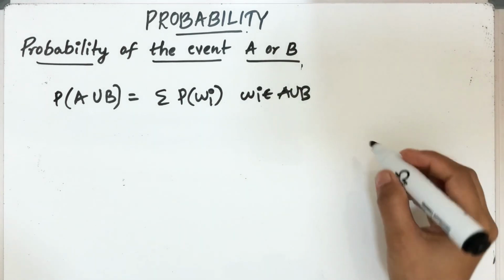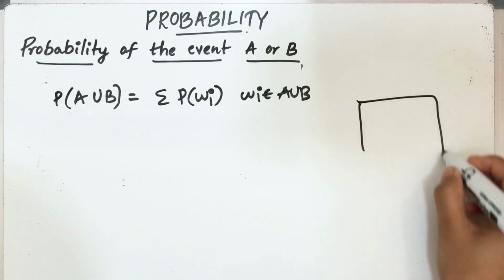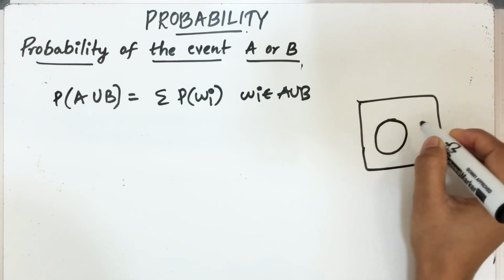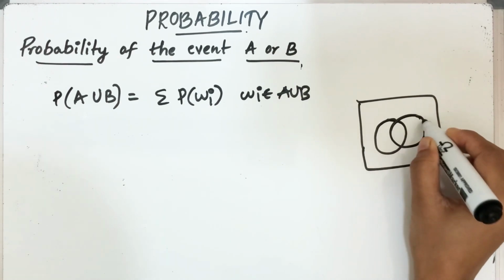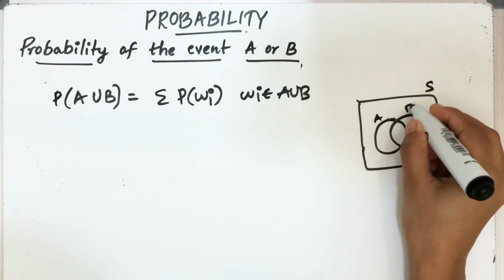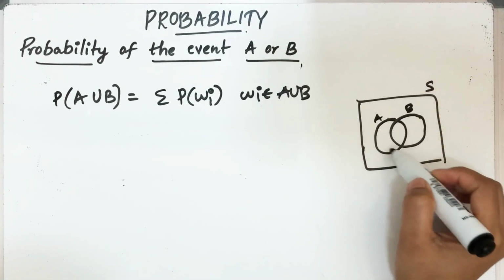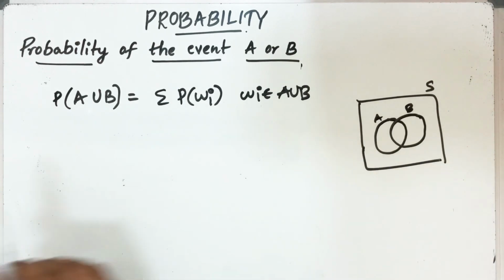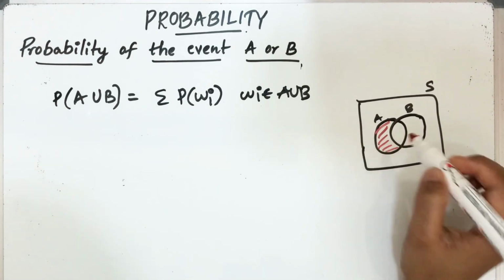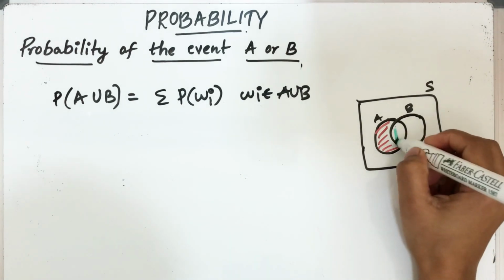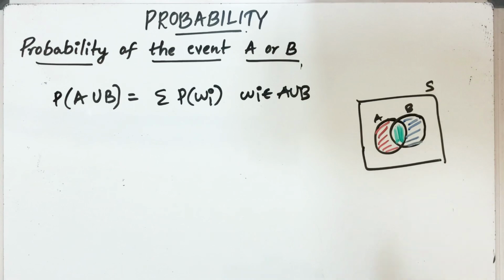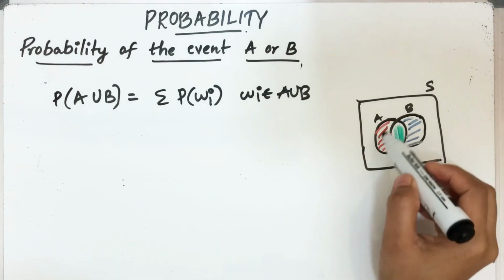We can see A union B. Let S be the sample space and A be the set and B the set. What is A union B? This union this, that is, this portion union this portion union this portion. What is the red portion here?